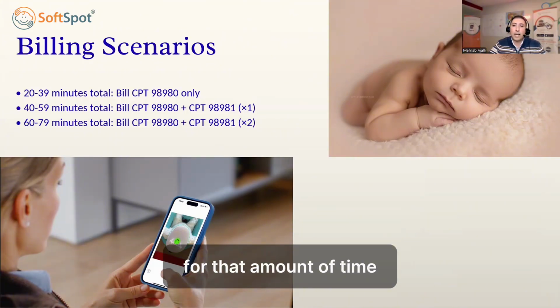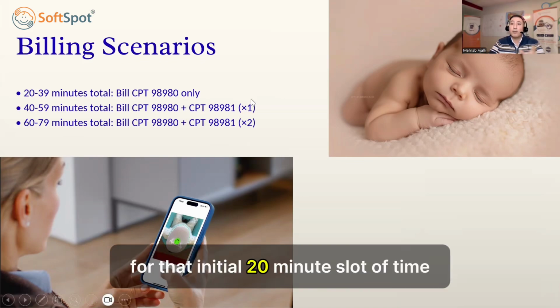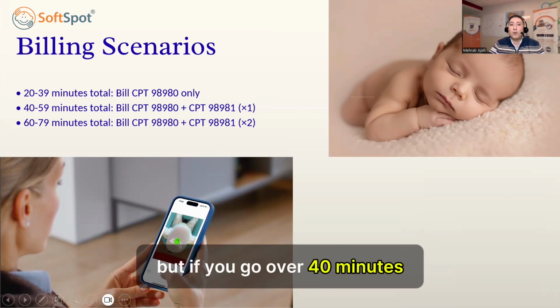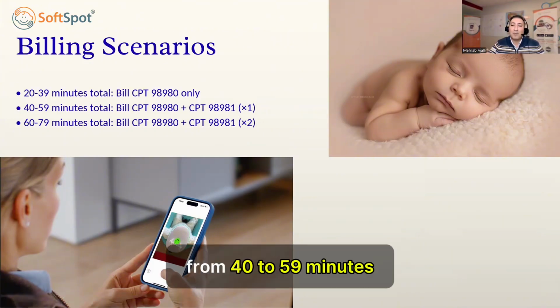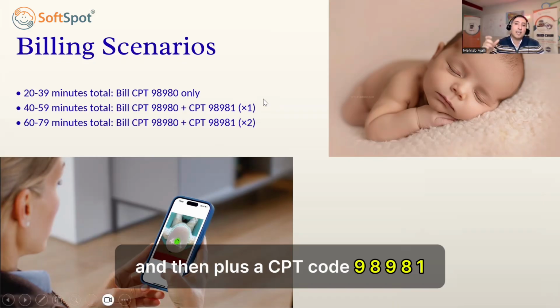For that amount of time, you can only bill one CPT code 98980, again, for that initial 20-minute slot of time. But if you go over 40 minutes, from 40 to 59 minutes, you can do 1 unit of 98980, and then plus a CPT code 98981.